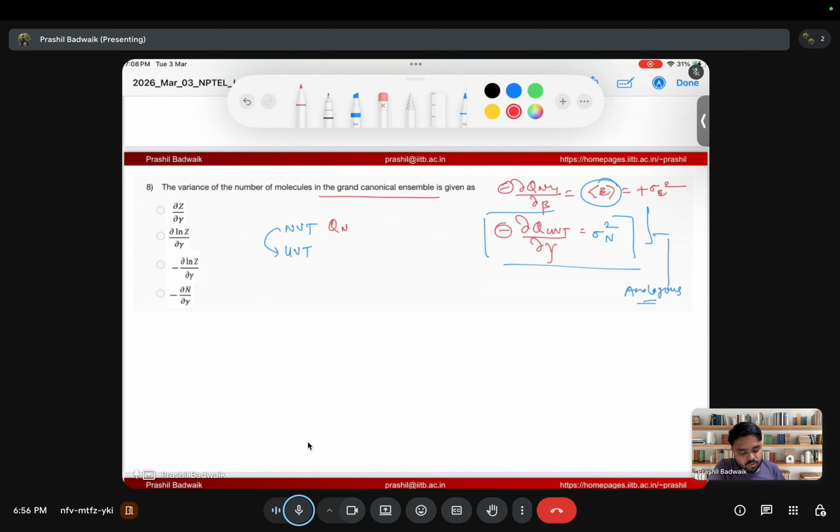Here I am getting Q(N,V,T), here I am getting Q(μ,V,T), and here I am getting free energy as Helmholtz free energy. Here I am getting energy as grand free energy omega, right? So these are analogous. The factor beta is here, and here factor gamma is there. So this will give you the average energy. This will relate it to the average number of molecules. Correct? So analogy is there.